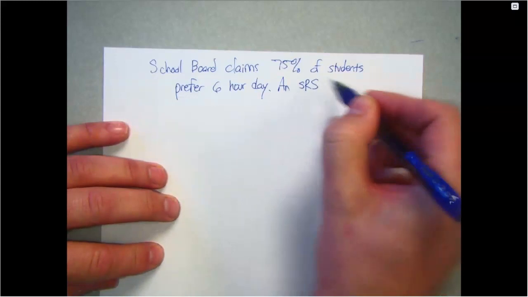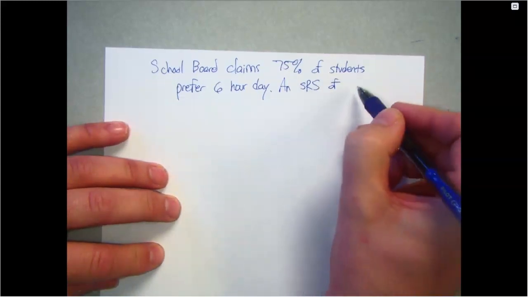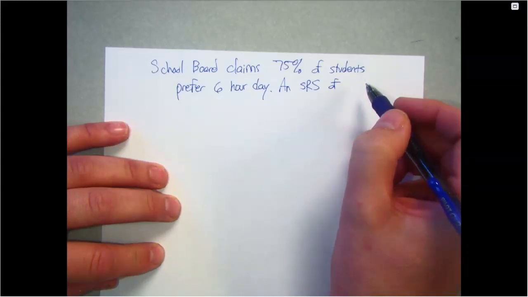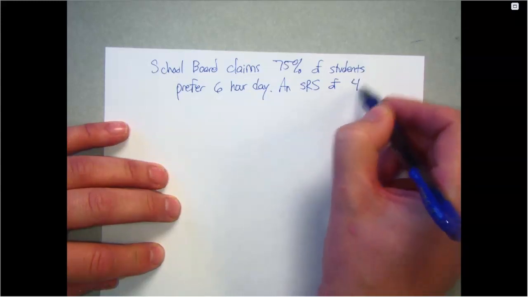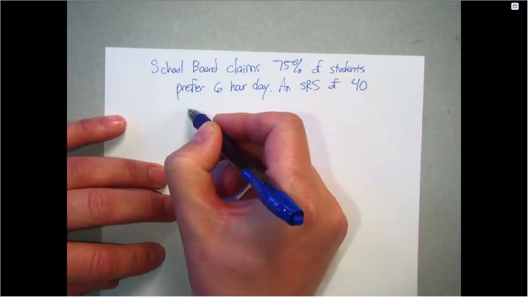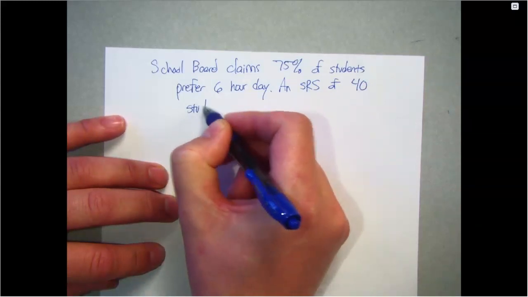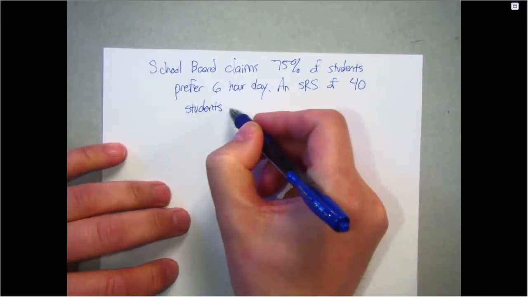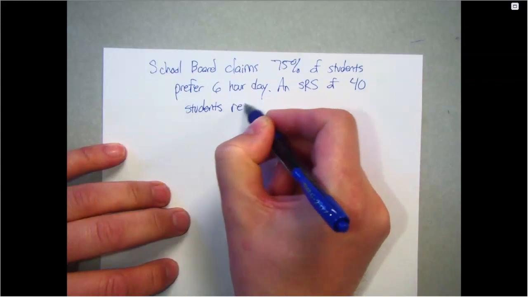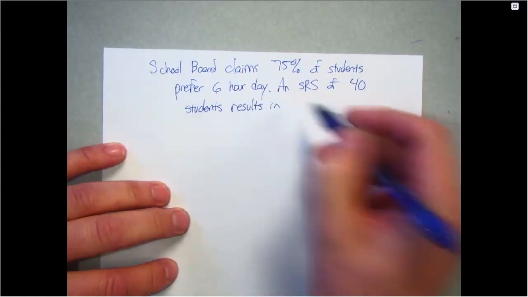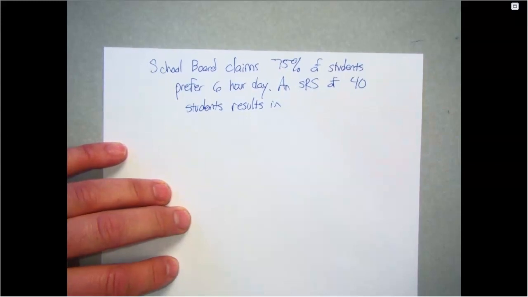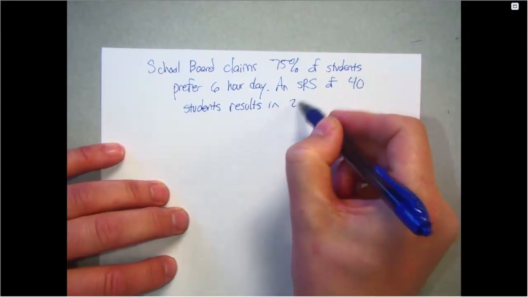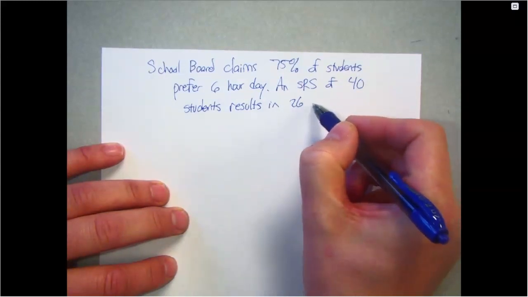An SRS of 40 students results in, 75% would be 30 out of 40. Let's say it's 26 out of 40. 26 people that prefer.